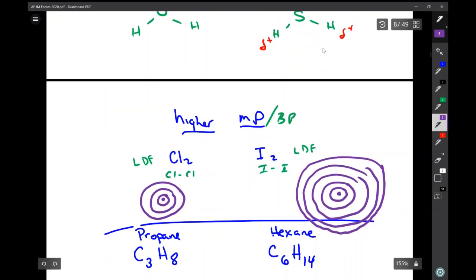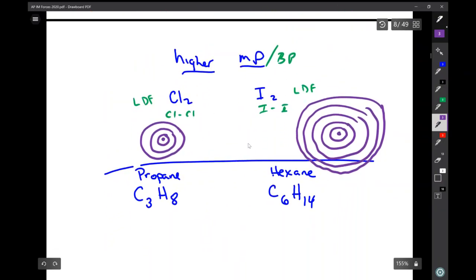Now, you might say, oh, because iodine's bigger, it's heavier. That's wrong. Yes, it's bigger, but that's not the reason. It's more than that. You can't just say iodine's bigger. It's because of the number of electrons, or what we call electron density.